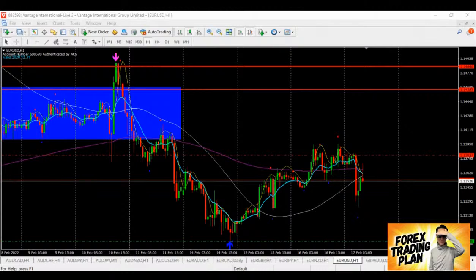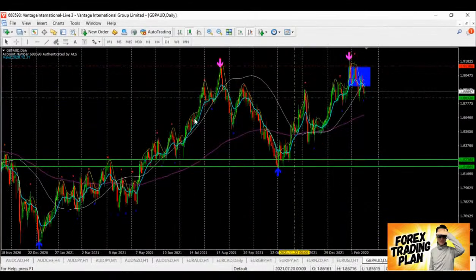Then let's see Pound Aussie. Let's take a look at Pound Aussie. So Pound Aussie over here, we are still moving towards the bull.